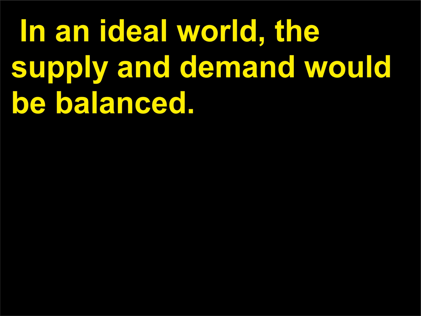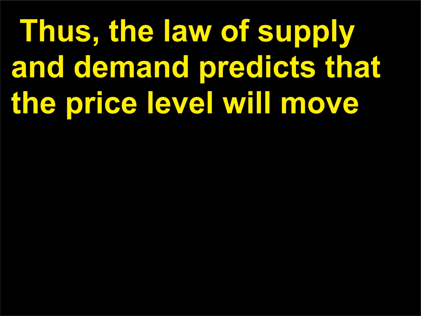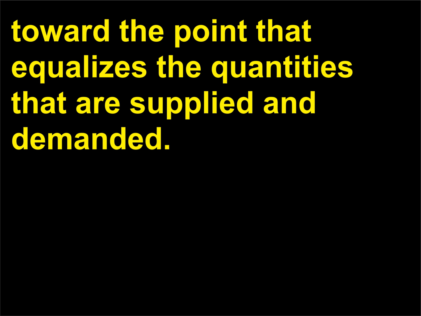In an ideal world, the supply and demand would be balanced. Thus, the law of supply and demand predicts that the price level will move toward the point that equalizes the quantities that are supplied and demanded.